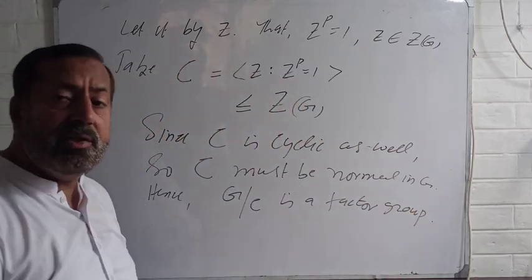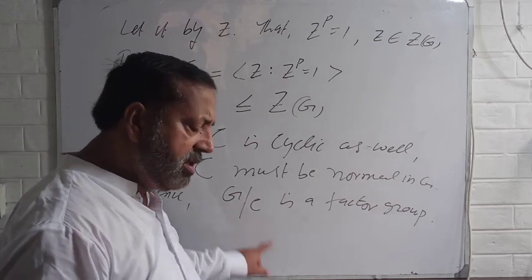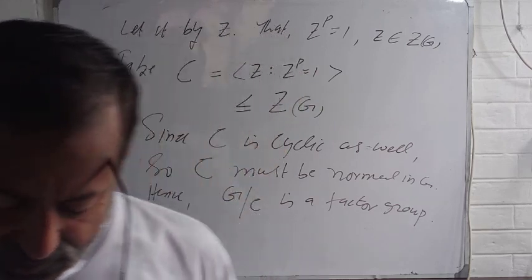Okay, G by C is a factor group, and we will see that the order of G by C is divisible by P, so by the induction hypothesis it has a Sylow-p subgroup, right?